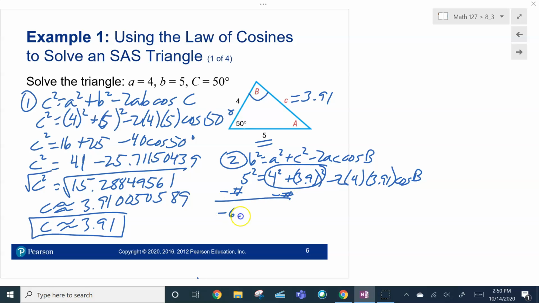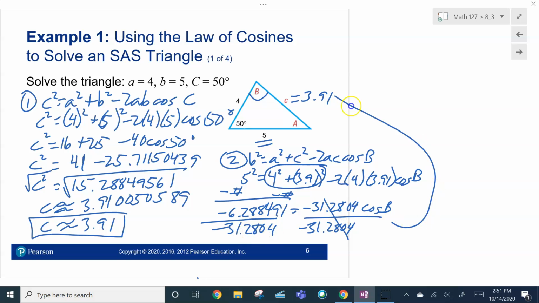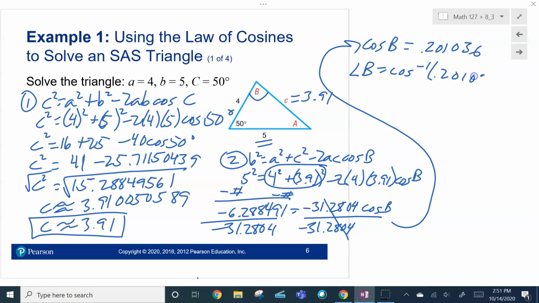And so you got negative 6.288491, negative 31.2804 cosine B. Now I'm going to divide by negative 31.2804. So cosine of B equals negative over negative, go to positive. Let's see, that's 0.201036. And now angle B is the arc cosine of 0.201036. So angle B is 78.4 degrees.